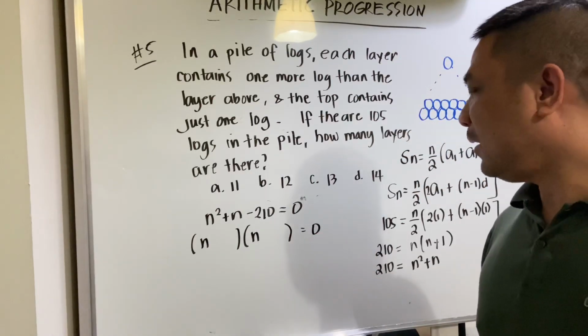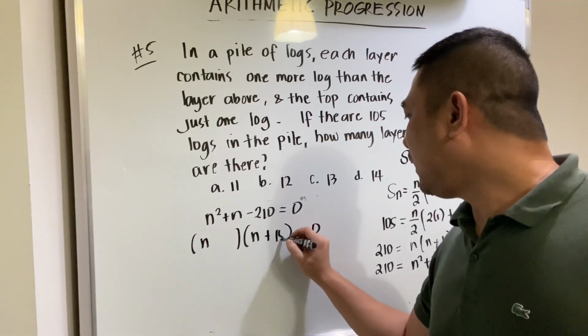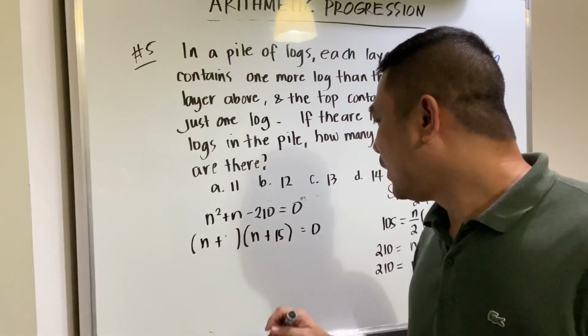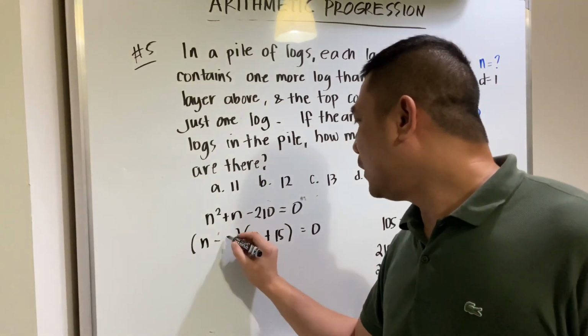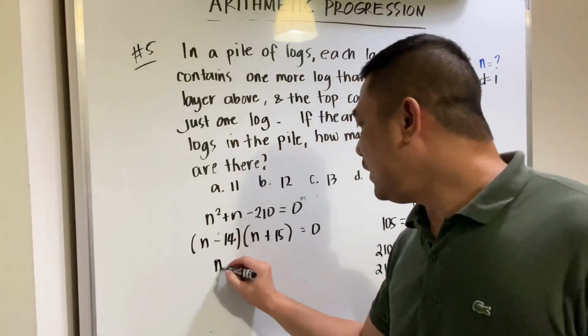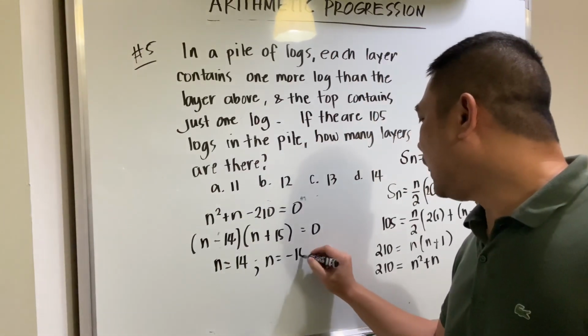I think 14 and 15 are the factors. So since this is positive, 15 will be the positive one, and minus 14. So there are two possible values of n. N is equal to 14 and n is equal to negative 15.